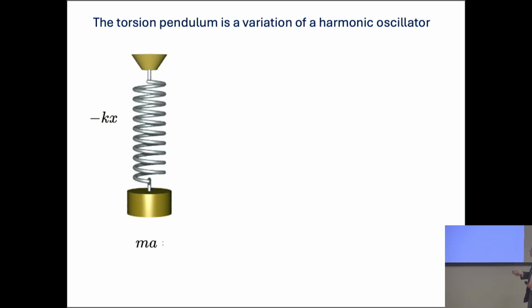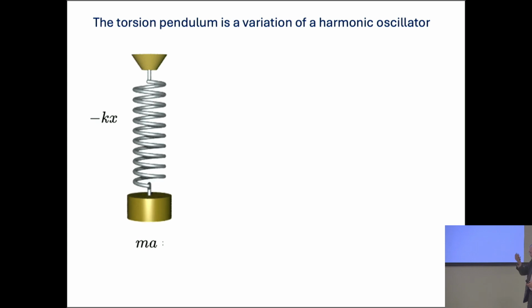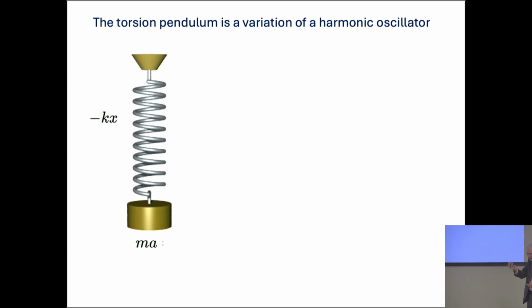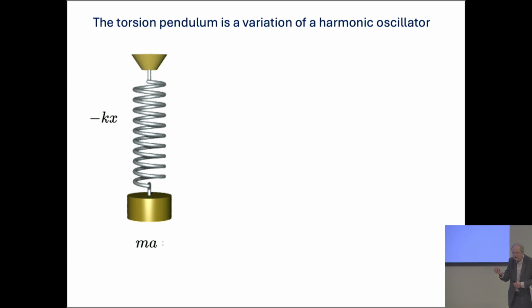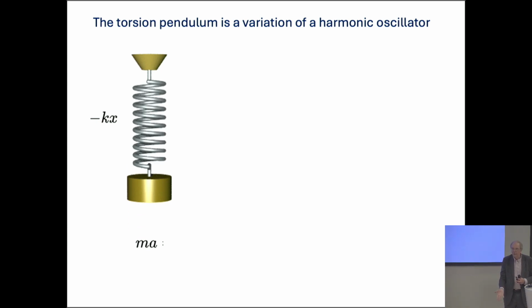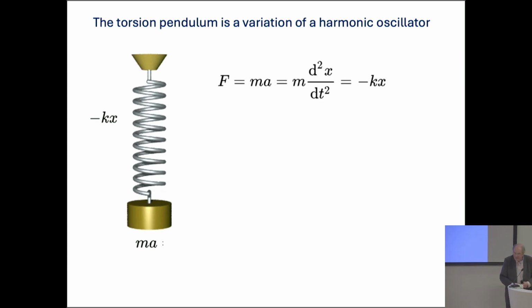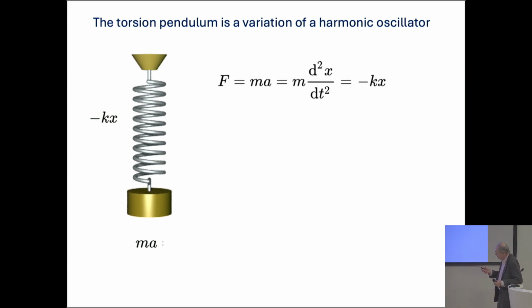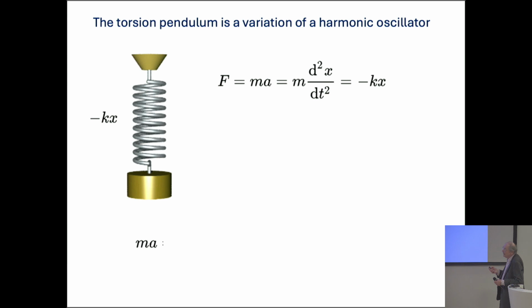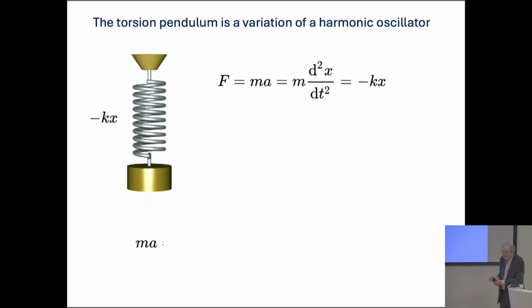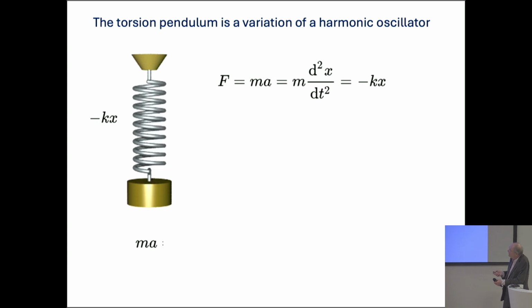Imagine you have something that's purely elastic, just a spring below which you attach a weight. You pull on the weight and you watch the spring oscillate. Just to remind you, if you write down a force balance, this little mass is accelerating.